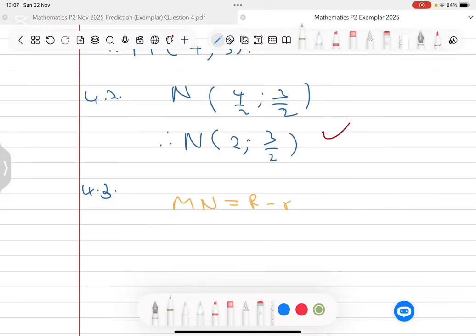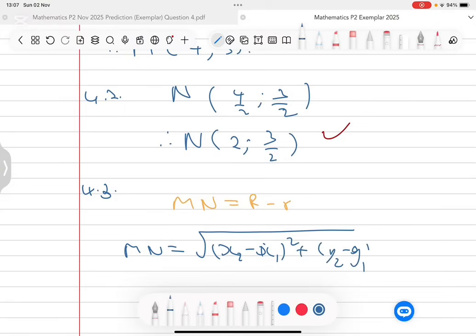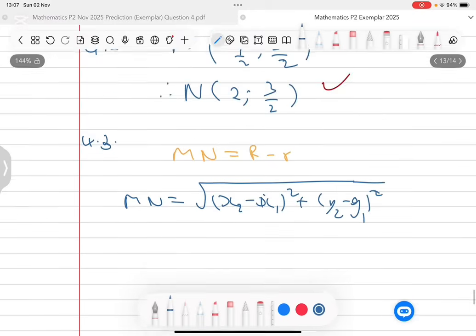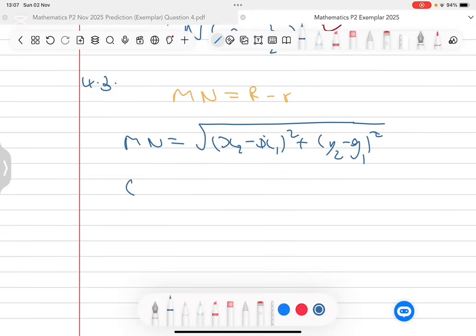Now, I will start by saying that mn is going to be defined by the square root of x2 minus x1 squared plus y2 minus y1 squared. Remember, I'm using the point M, which is defined by 4 and 3, and the point N, which is defined by 2, 3 over 2.